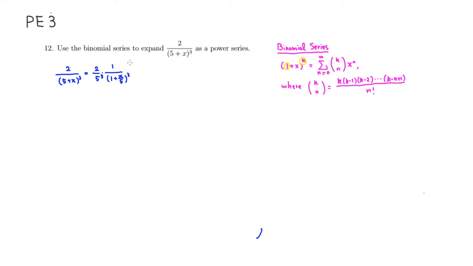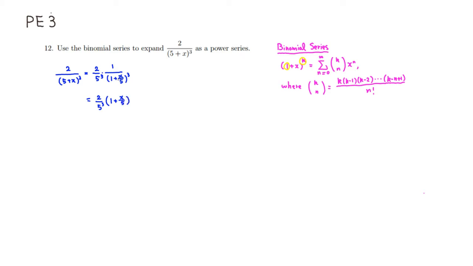We don't like this fraction form, so I'm going to rewrite it as 2 over 5 cubed, times (1 plus x over 5).